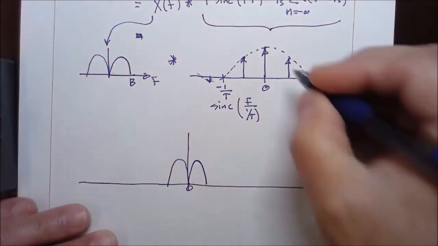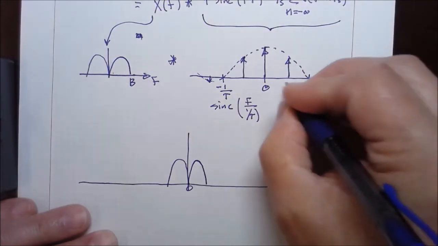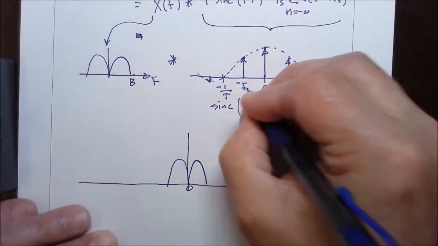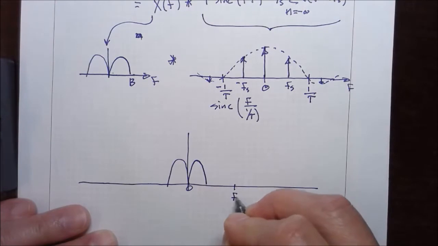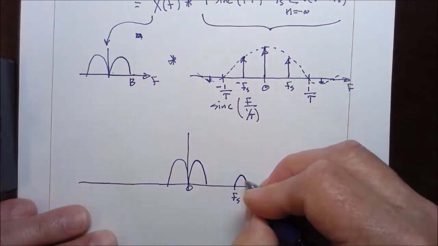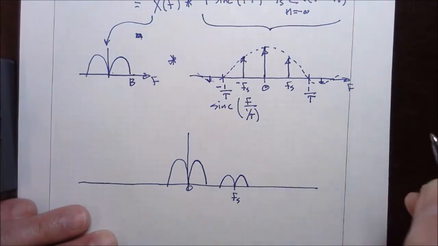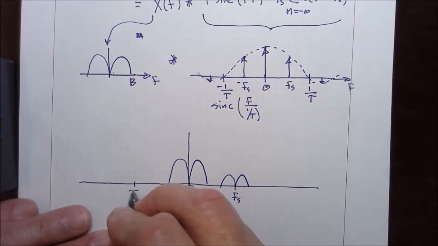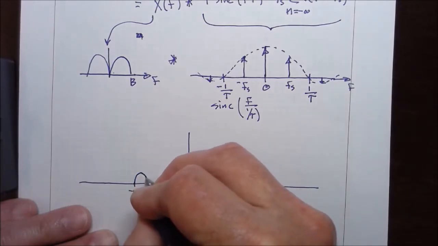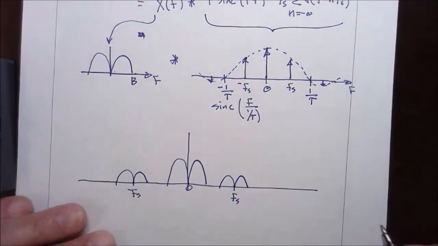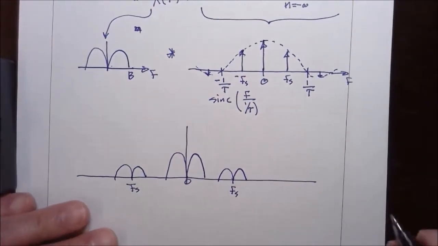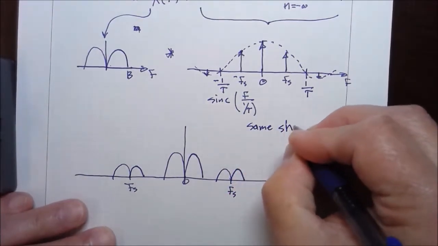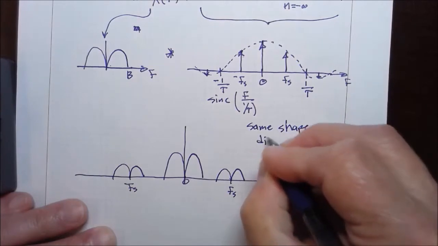Then the one centered at fs will be the same shape, but it will be scaled to a smaller scale. And this one at minus fs has the same shape, different scale.